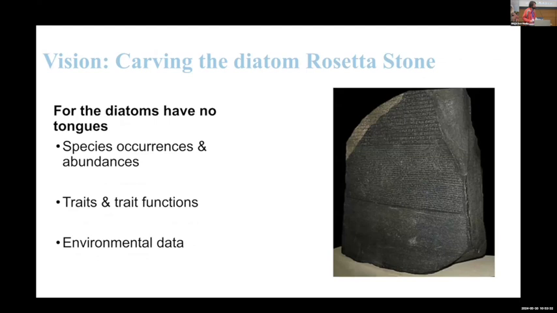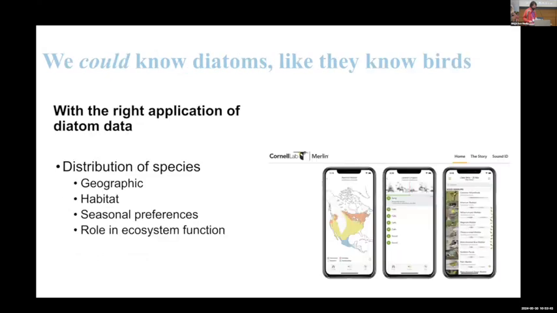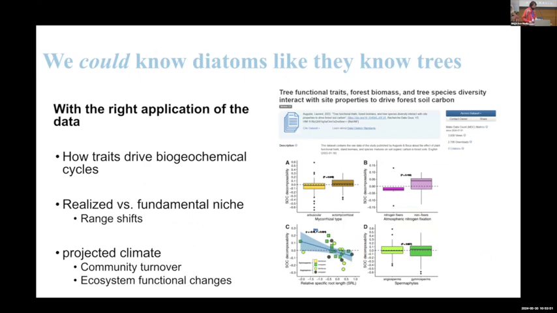So basically what I want to do, and get ideas from everyone, is to have a way for these types of data to talk to each other, so that we could know things about diatoms like the way Cornell knows about birds, or the way plant botanists know about trees and trait functions. If I was savvier, I would have added a slide about how Will and Mason know plant traits.